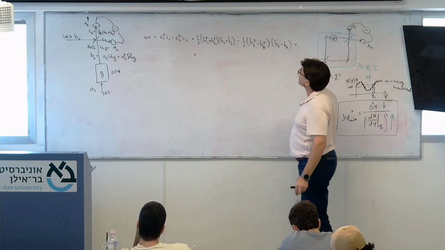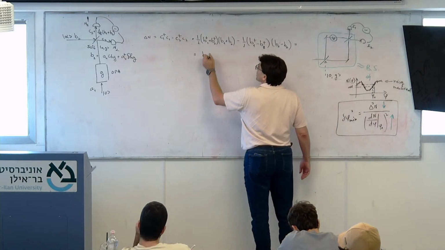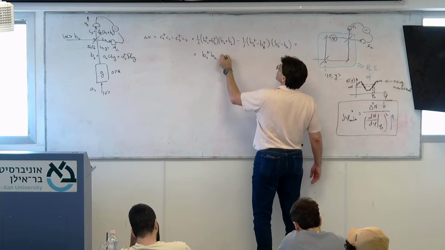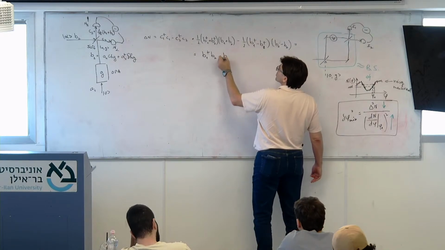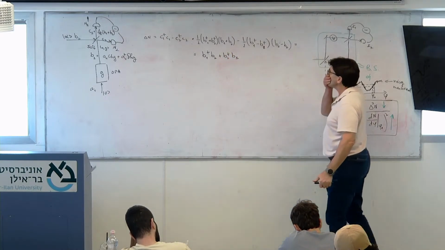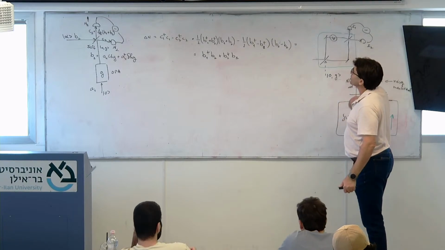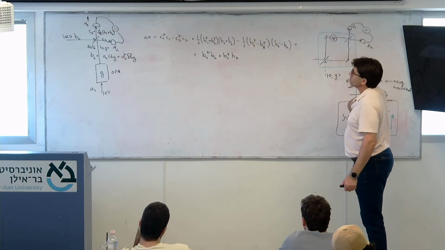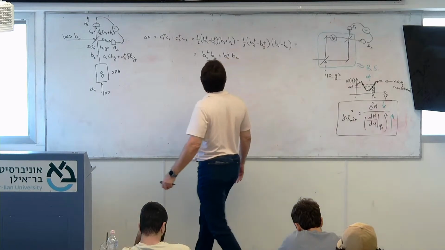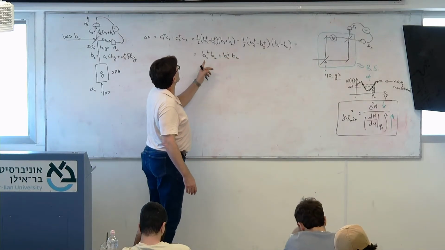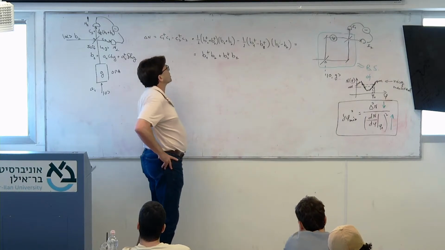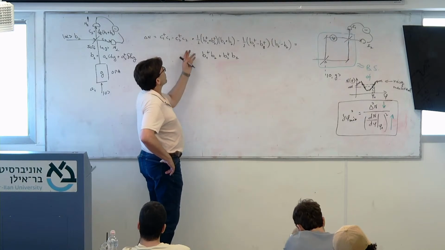Eventually this is B1 dagger B2 plus B2 dagger B1. Agreed? I think so. Here we have mixing terms which are like this, and here we have the same mixing terms again. And every time it had a half.